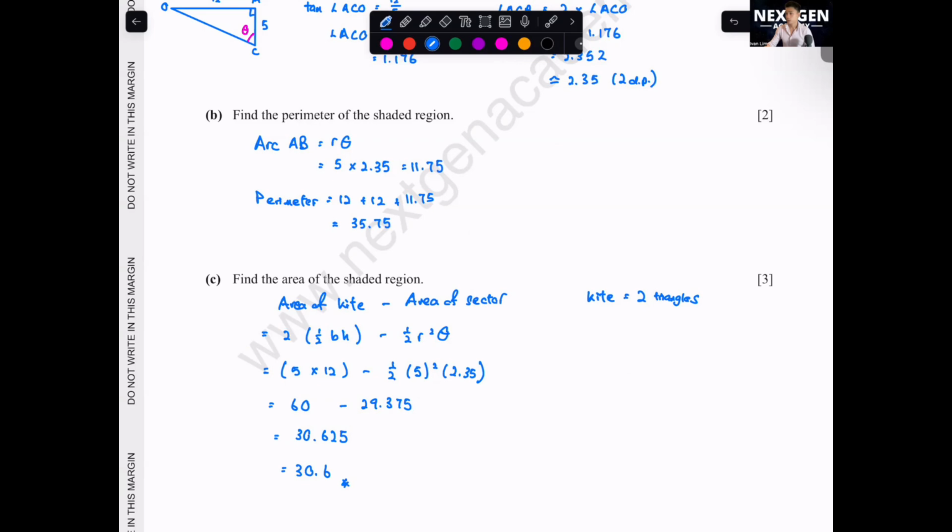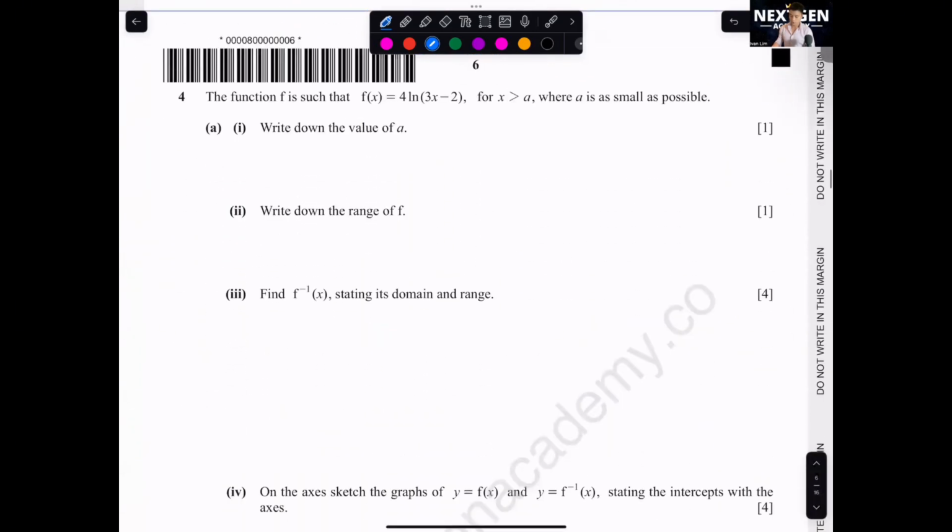All right. Okay, let's go to question 4. Just now a few of you were not so sure how to do 4. Function f: f(x) is 4 ln(3x minus 2) for x more than a, where a is as small as possible. So this is a ln question. Write down the value of a. A is your domain. How do we find the domain of ln? This one you have to memorize it.